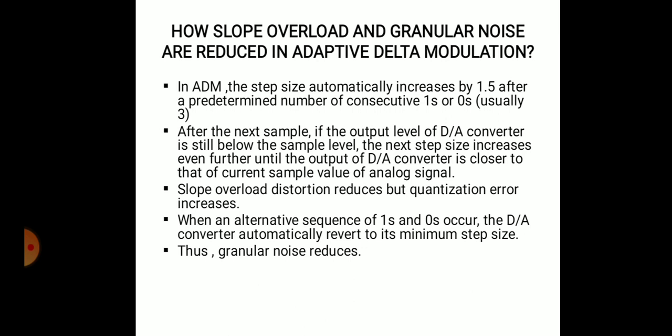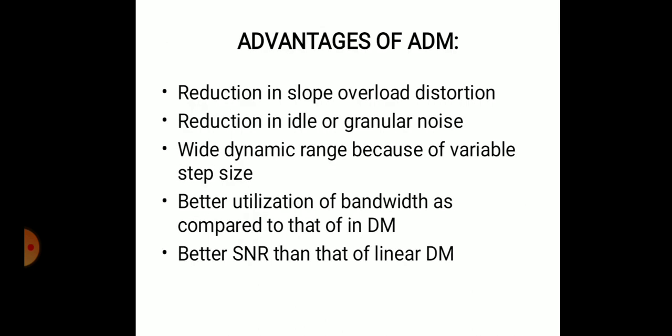Now the advantages of ADM. There are five advantages. First of all, reduction in slope overload distortions. Number two, reduction in granular noise. Number three, wide dynamic range because of variable step size.